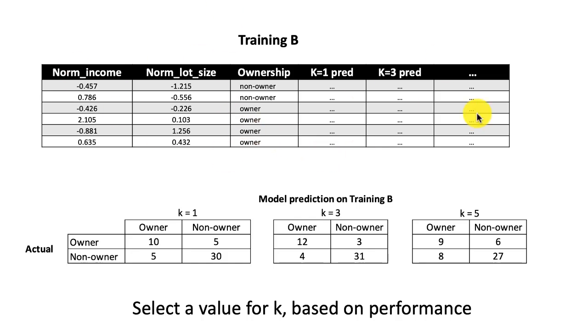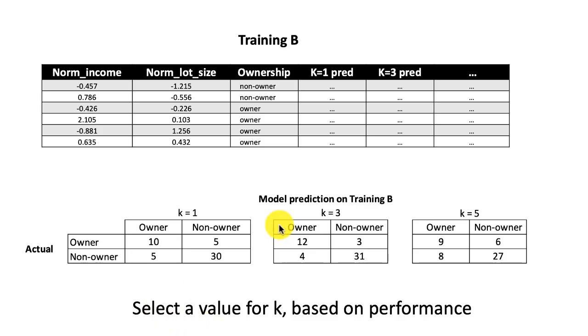Okay, so you do this, and then based on that we can now calculate the error matrix for every level, right? So for K equals 1, you've got the actual ownership, you've got the predicted ownership, you can compute the error matrix. For K equals 3, you can do the same thing. K equals 5, you can do the same thing, and so on.